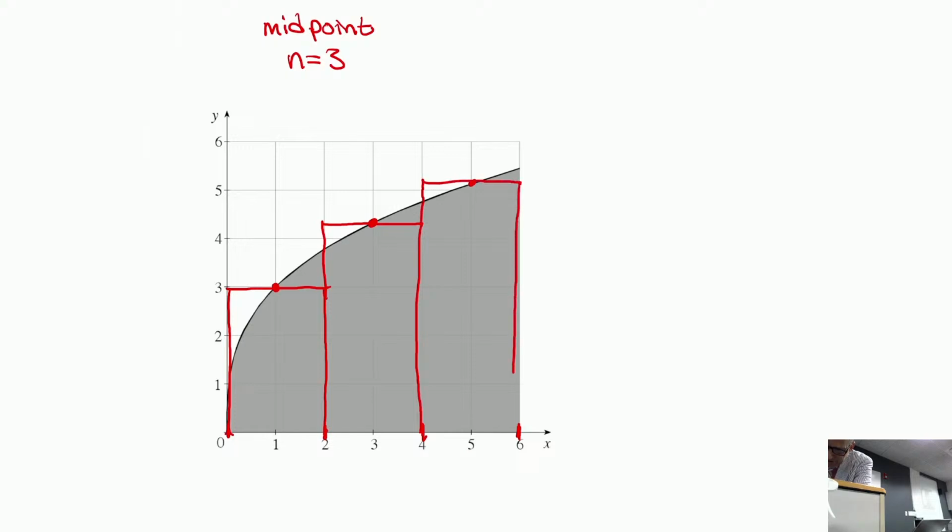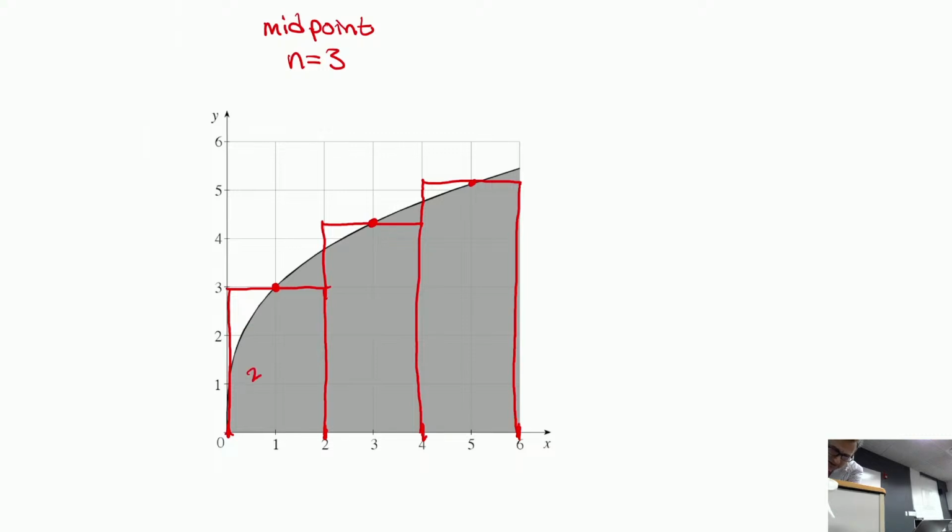And you can imagine why the midpoint would be a useful way of doing this, because the area that you've overshot and the area that you've undershot kind of balance out. Not perfectly, of course, but it's going to be better than just overshooting the whole thing or undershooting the whole thing.